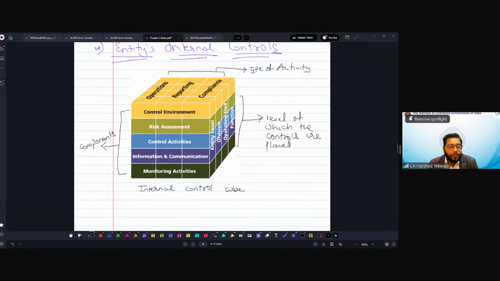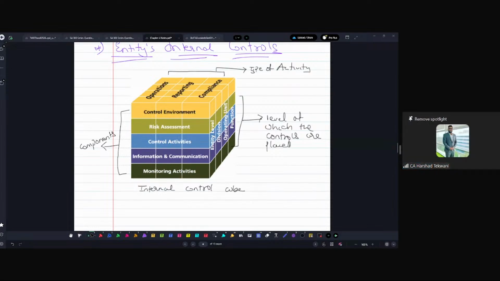So let's talk about the first, control environment. Can someone give me an example? What do you mean by control environment? What is control environment in case of internal control? Examples of elements that could be impacting the control environment or that decide the control environment.